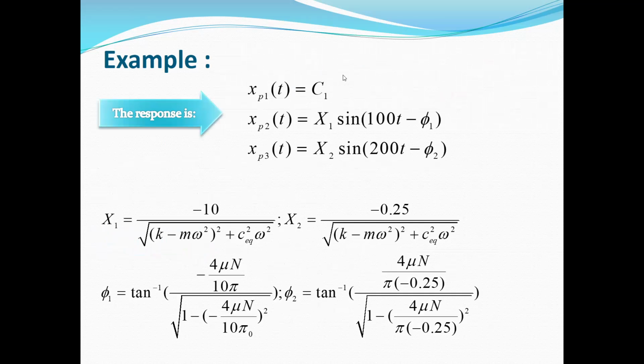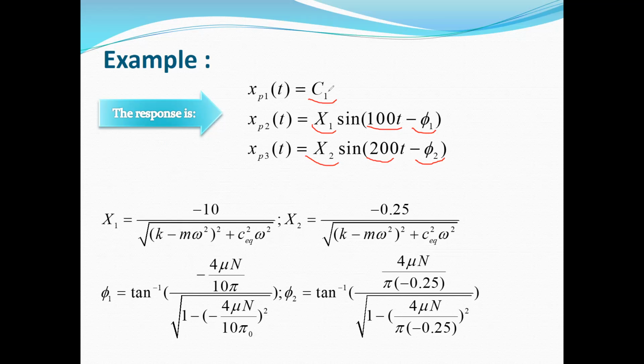If we assume that the particular response 1 is C1, for the constant non-homogeneous term, the particular response 2, which is with frequency omega t or 100t, has an amplitude of X1 and phi1, and the third particular response has an amplitude of X2 and phase angle phi2 and the frequency 200. So we will have these three particular responses.